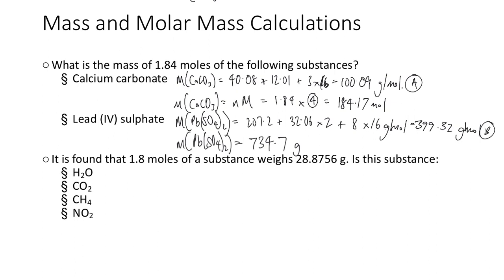Okay, so this is the opportunity for you to solve for big M. Big M of unknown is equal to M over N, which means it's 28.8756 over, and we got to check all of these, so let's have a look. 28.8756 divided by 18.01, which is the molar mass of water, is 1.603.